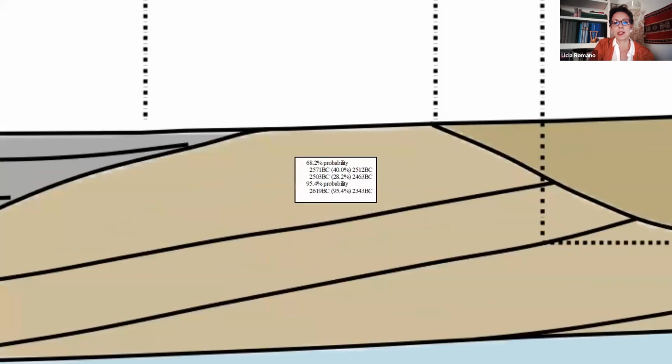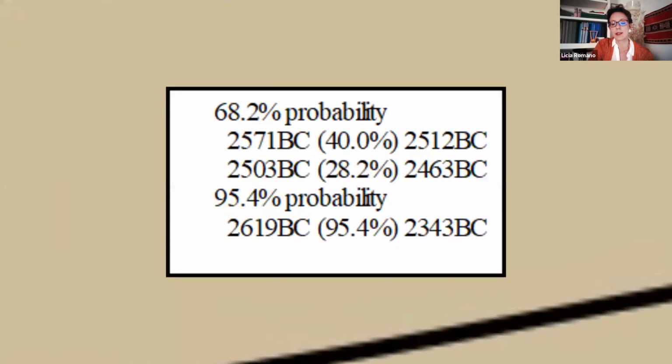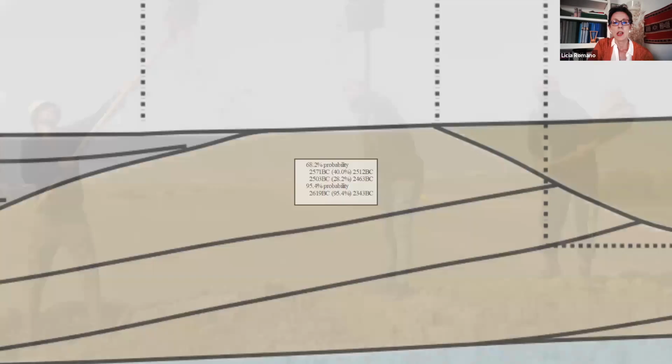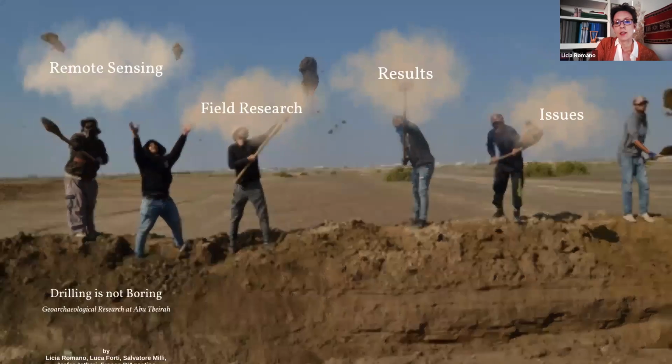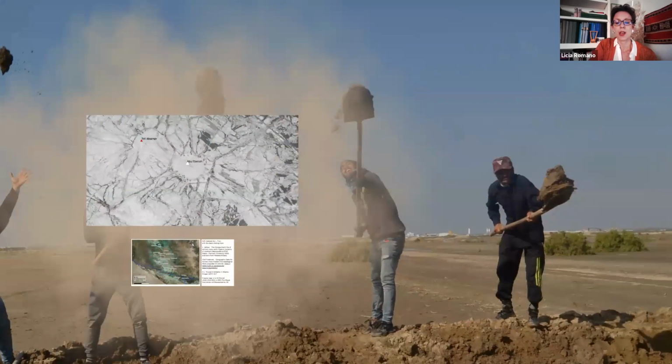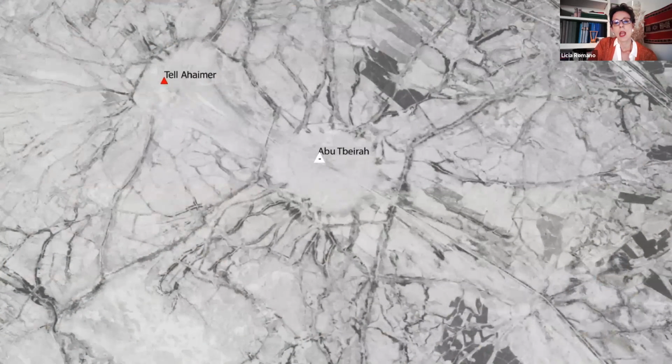Another interesting dating, as I told you before, is the one of the secondary canal that is dated to the second half of the 3rd millennium BC. So what this means and how the evolution of the river crossing Abu Tbeirah is linked to the life of the settlement.